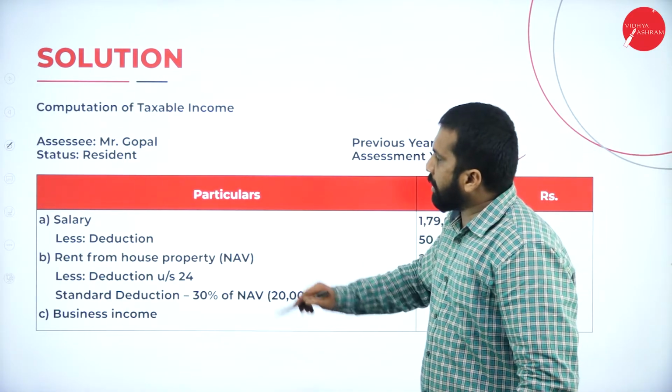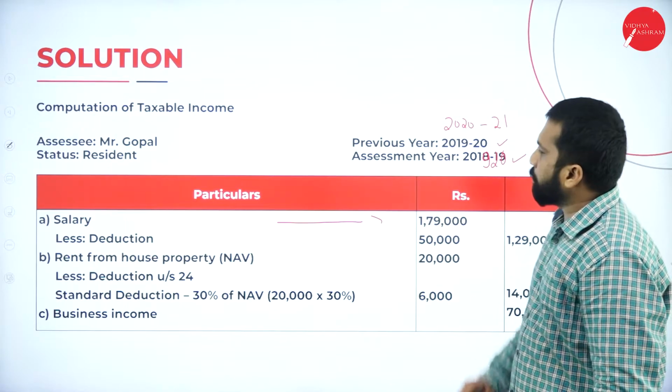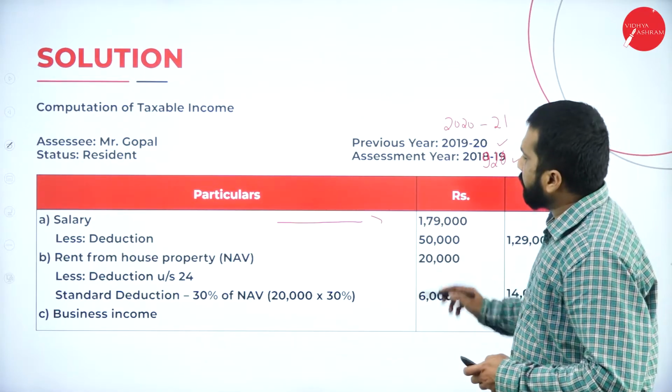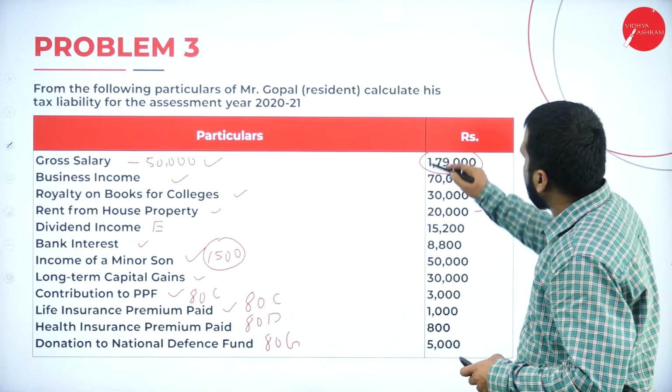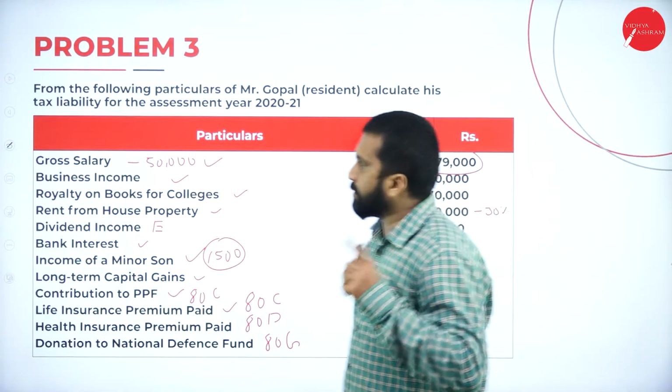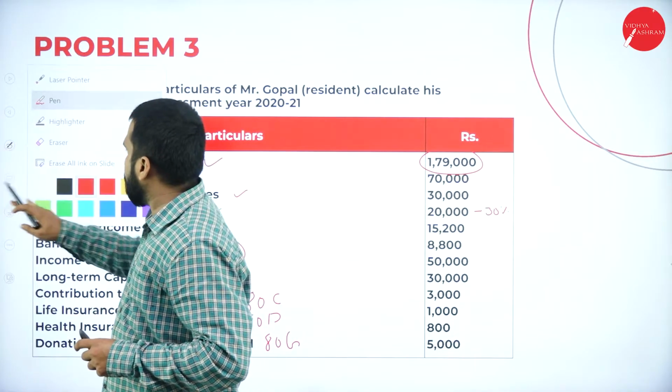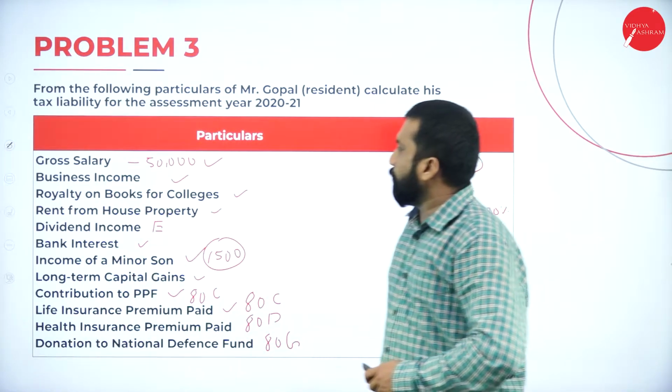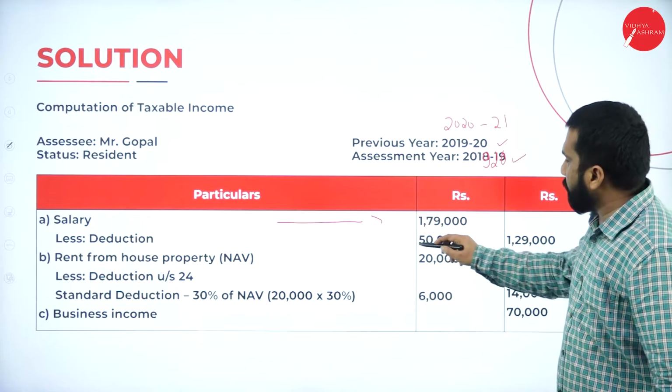Now, salary. What are you supposed to do? 1,79,000 as per the question, minus what? Minus 50,000 standard deduction. So we'll go with 1,79,000 minus 50,000.